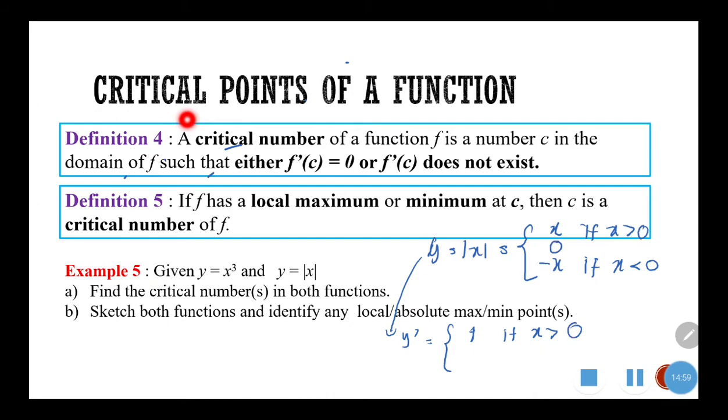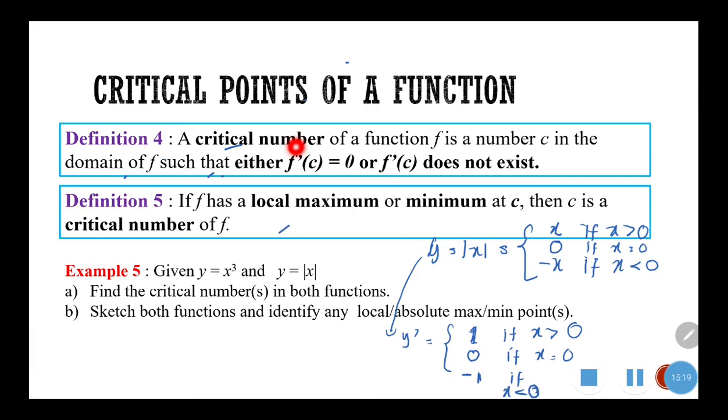Silap ni, kat sini 0 if x equals to 0. Okay, and differentiate 0, you get 0 if x equals to 0, and negative 1 if x less than 0.